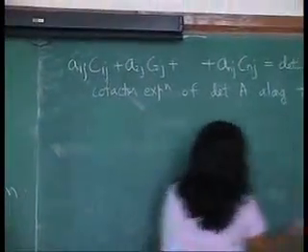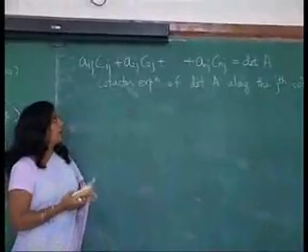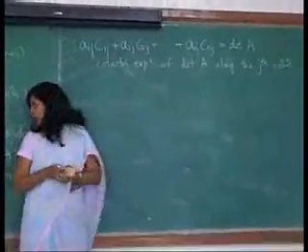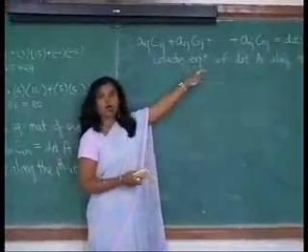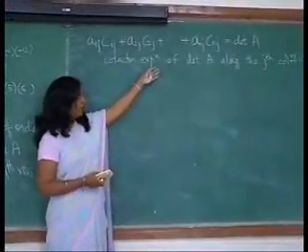So depending on your problem and your convenience, you can evaluate the determinant either along a particular row or any of the columns. So let's look at one or two problems on this.